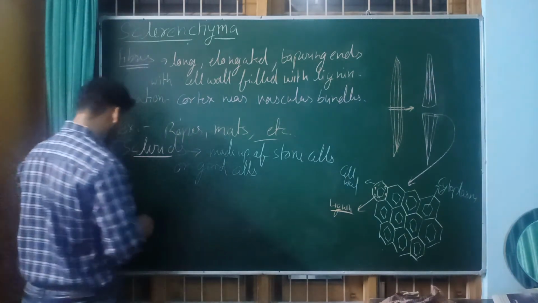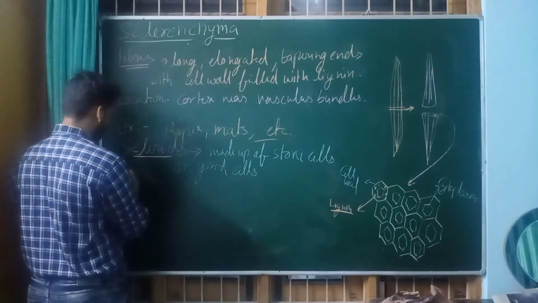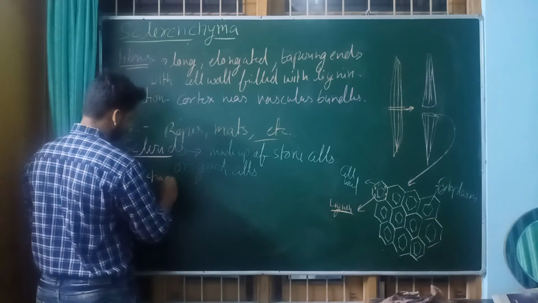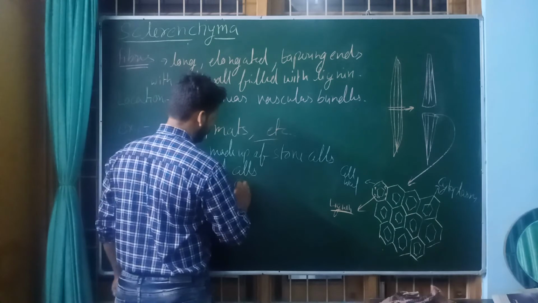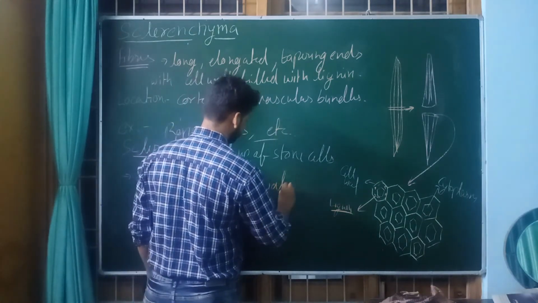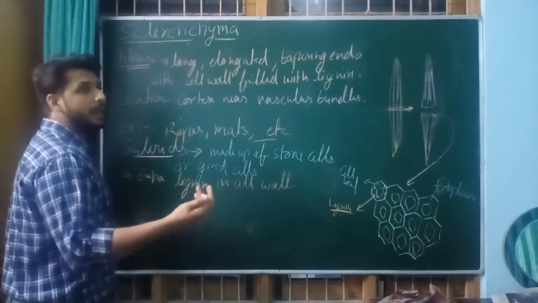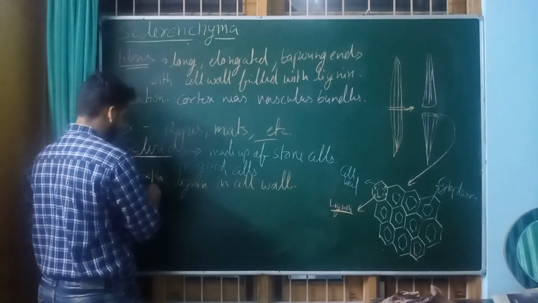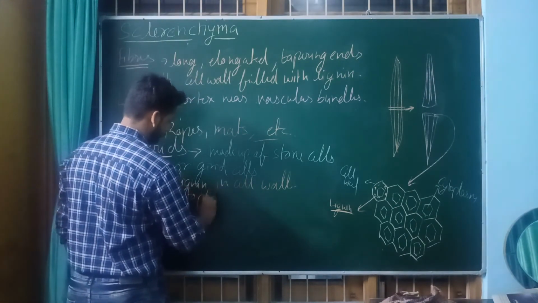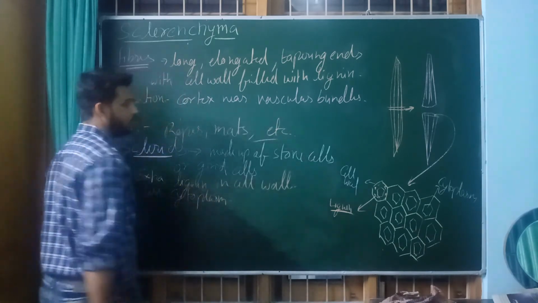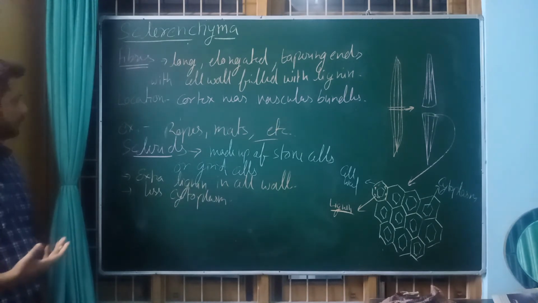These have extra lignin present in the cell wall. So the cell wall is extra thick and here you can see less cytoplasm. Got it? Because of this, the cytoplasm is very little.